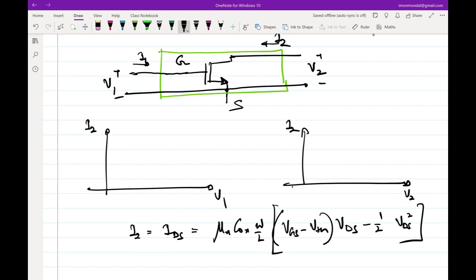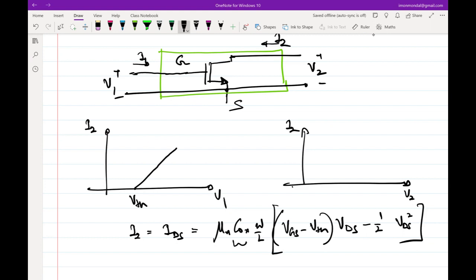By the way, keep in mind that Cox is capacitance per unit area, not the total capacitance. Now, if we plot I2 versus V1, we should see that till the threshold voltage I get 0 current, and after that I get a linear increase.